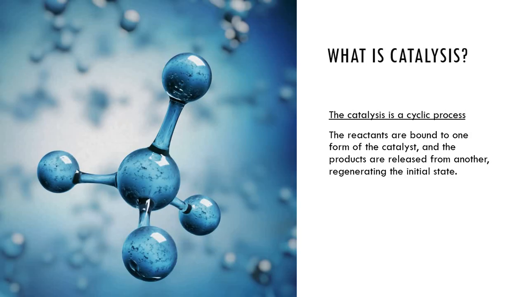So there are three steps. The reactant attaches to the catalyst, and the reaction happens. Then the product is formed and released from the catalyst without changing the structure of the catalyst. Then the catalyst goes back to its initial state, with nothing reacting on it, ready for another reaction as well.